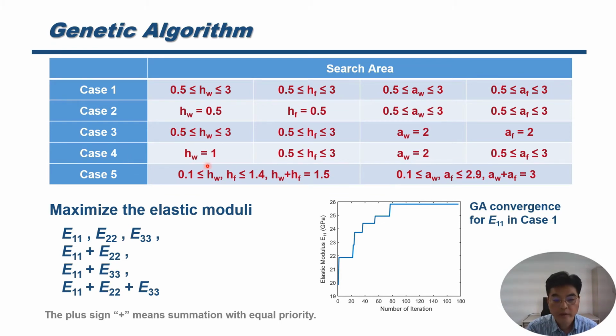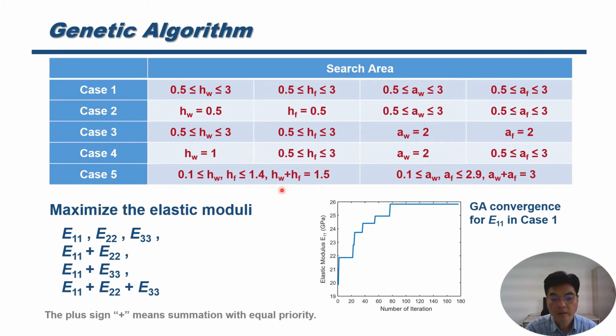In case 4, we fixed the cross section of the web strand. So the thickness of the web strand and the width of the web strand are fixed, and the thickness of the field strand and the width of the field strand will be optimized.